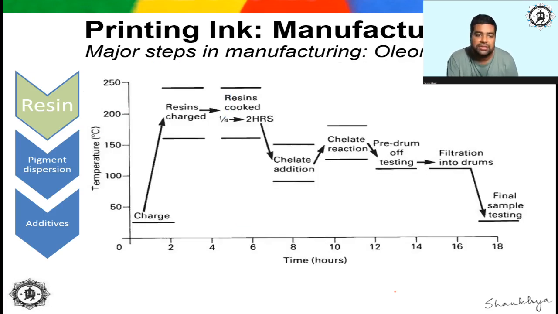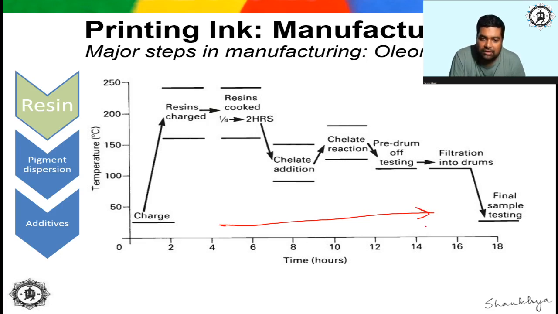I have another picture also. See, this is the time taken for manufacturing of the vehicle, and this is the temperature to which the various stages are heated during the manufacturing of the vehicle. So first is the charge. We are charging, that is placing, the distillate, which is the oil, which we can say are mineral oils, or if you are using vegetable oil, then vegetable oil.